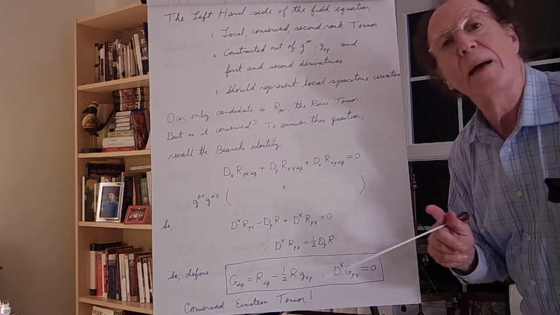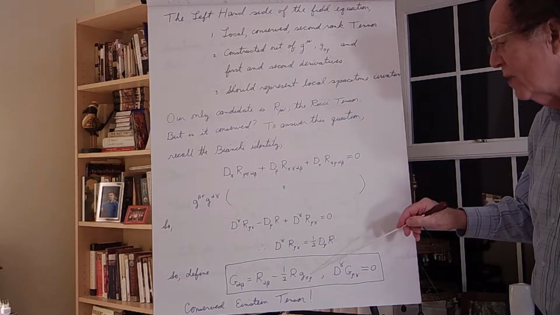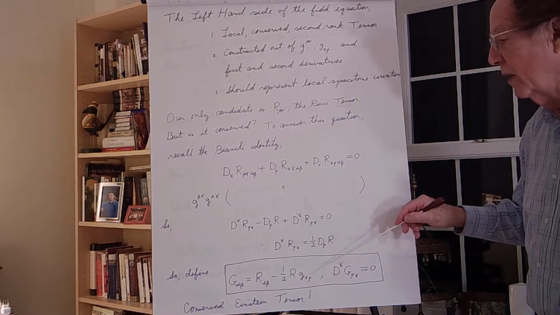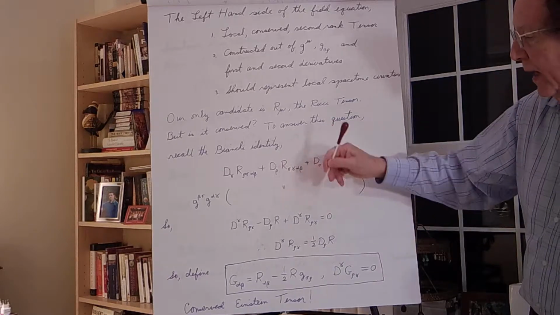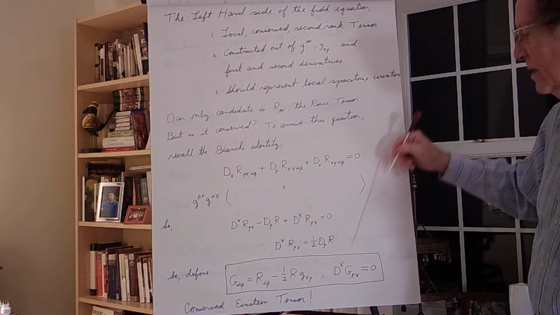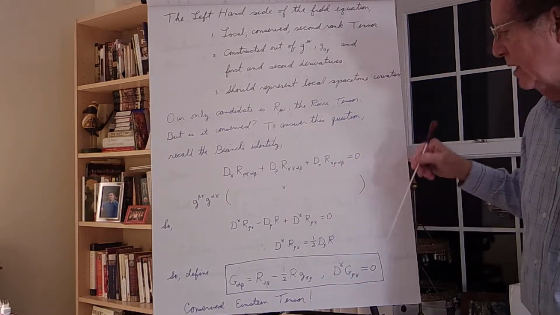Remember metric compatibility: the covariant derivative hitting the metric gives me 0, so that term doesn't contribute. I just get d applied to R and d applied to R. And I use this identity, and I get that the divergence of the Einstein tensor G alpha beta is equal to 0.